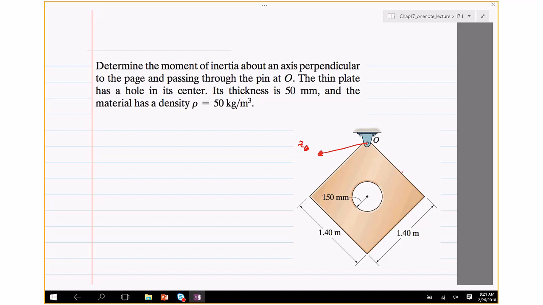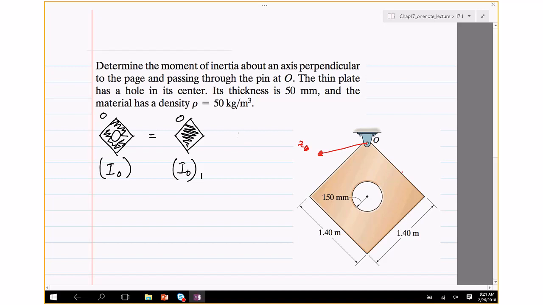So here is how you can do it. That's the question. Find the inertia about O. We'll break this up into two parts. We'll find the inertia about O for the square plate. I'll call that 1.